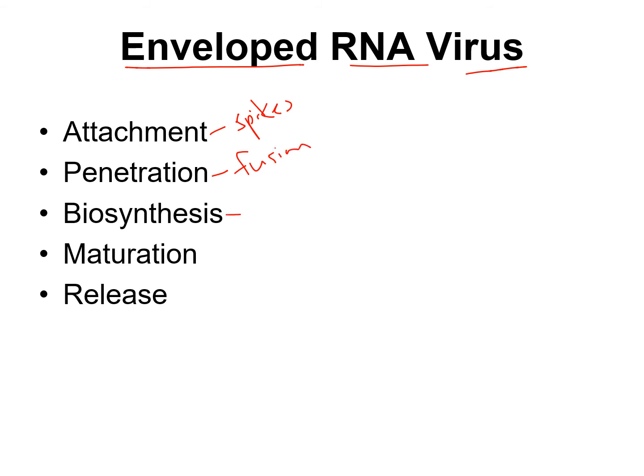For biosynthesis, since it's an RNA virus, that will occur in the cytoplasm, and maturation will also occur in the cytoplasm. They will release by budding. And budding, by the way, does not kill the cell because the cell membrane remains intact, so the cell can still remain alive.